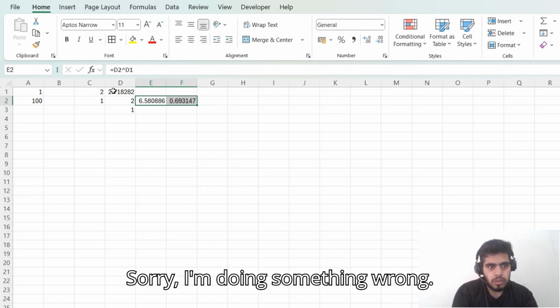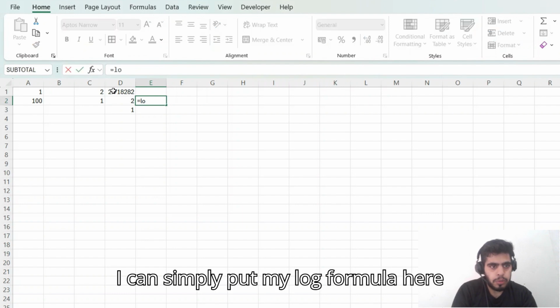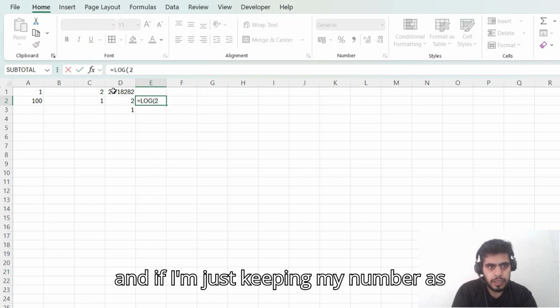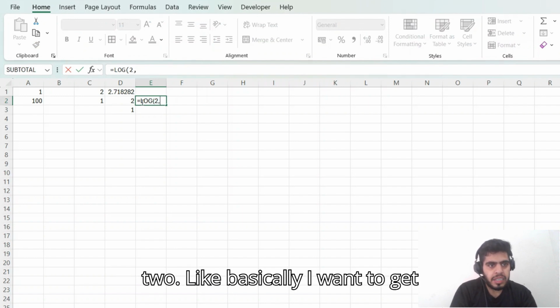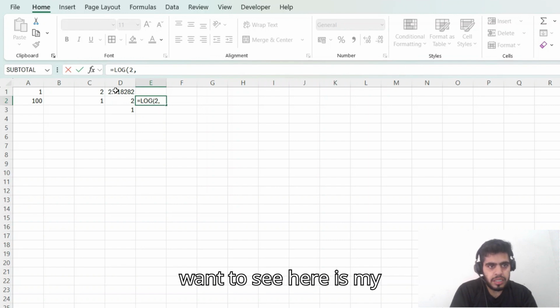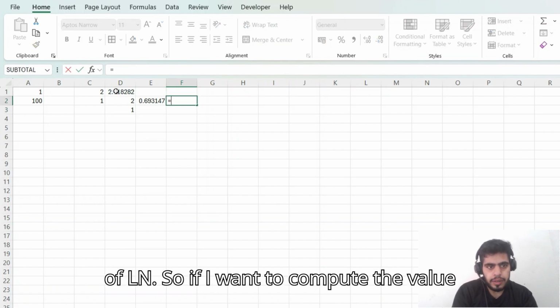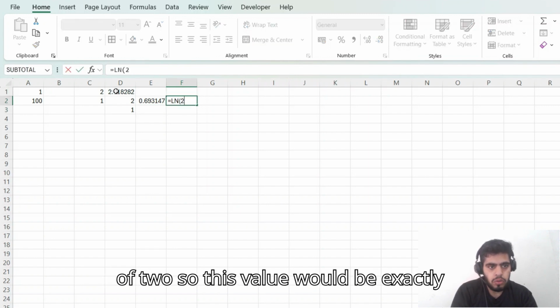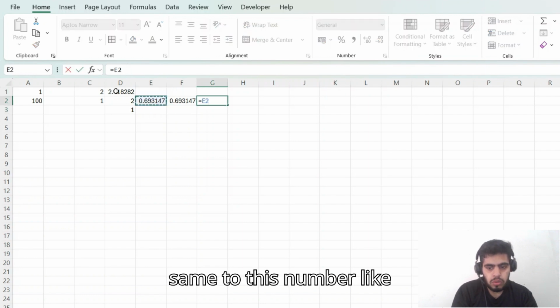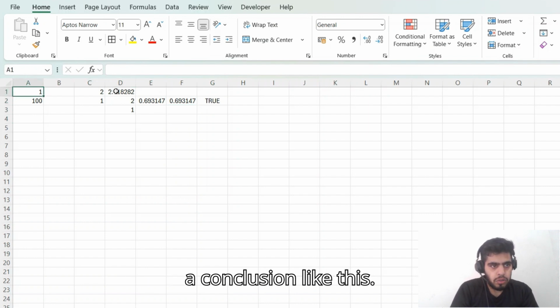Sorry, I'm doing something wrong. I can simply put my LOG formula here, keep my number as 2, and the base that I want is the exponential value. That would be my value of LN. So this value would be exactly the same as this number.